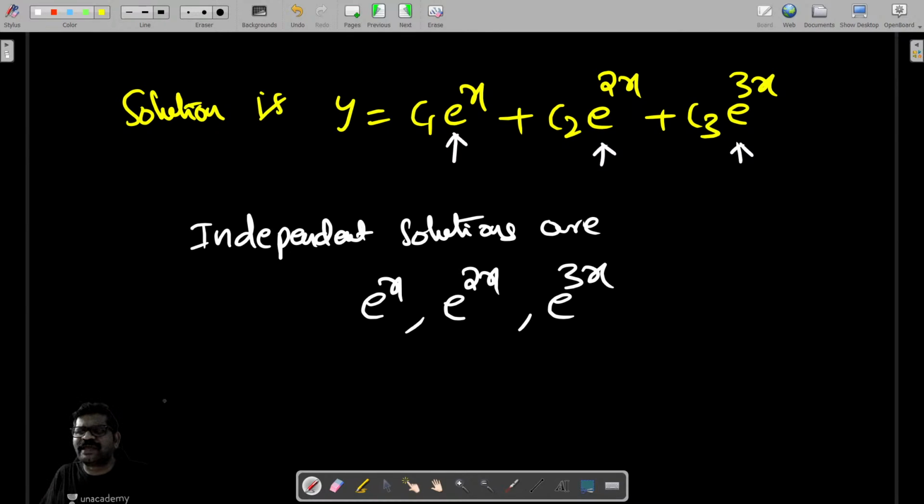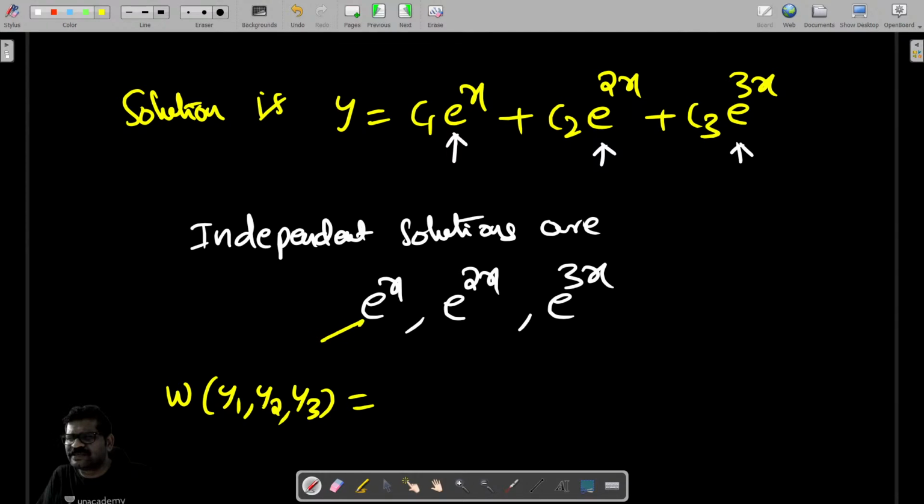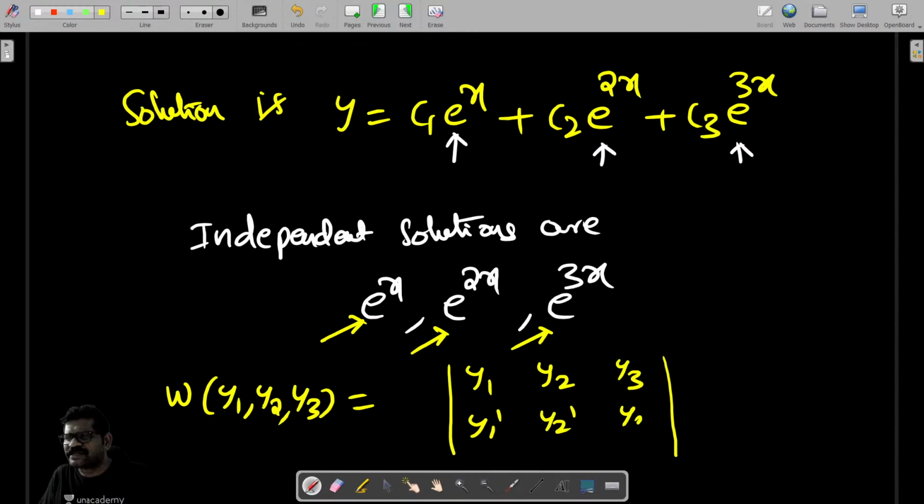Wronskian of y1, y2, y3 is nothing but, observe here, this is y1, this is y2, this is y3. That is given by a 3 by 3 determinant. You have to write y1, y2, y3, y1 dash, y2 dash, y3 dash, y1 double dash, y2 double dash, y3 double dash.